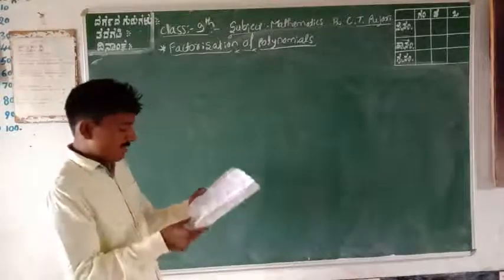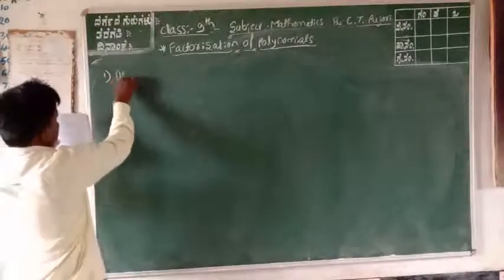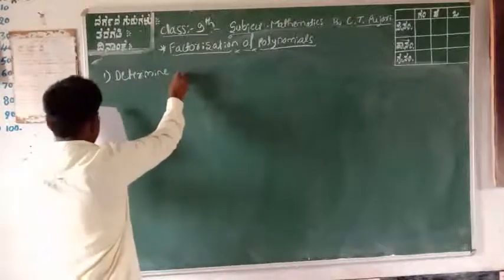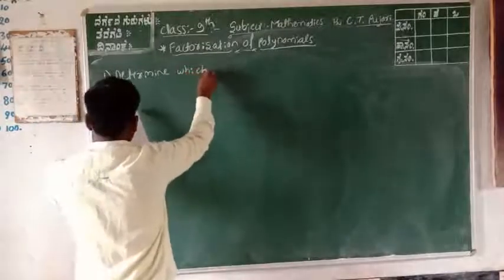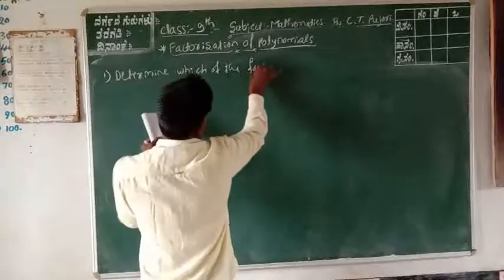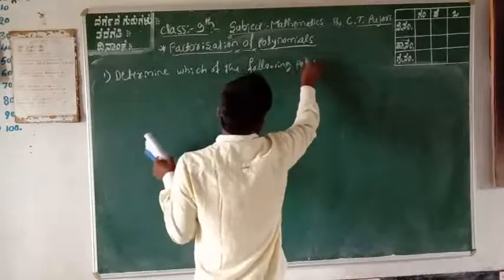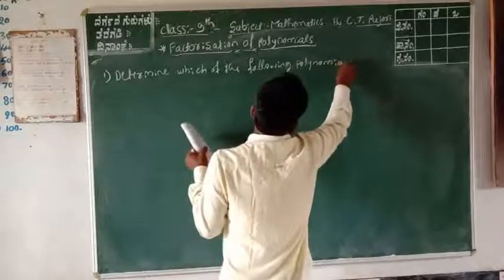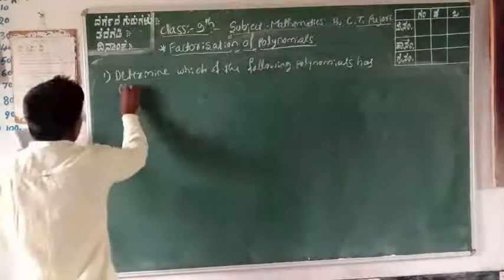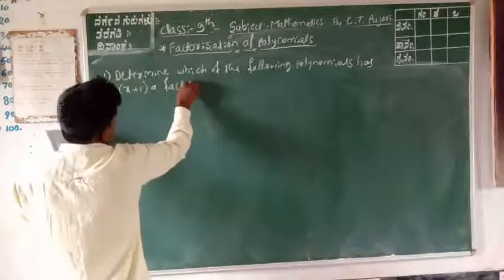The first type of example is: determine which of the following polynomials has x plus 1 as a factor.